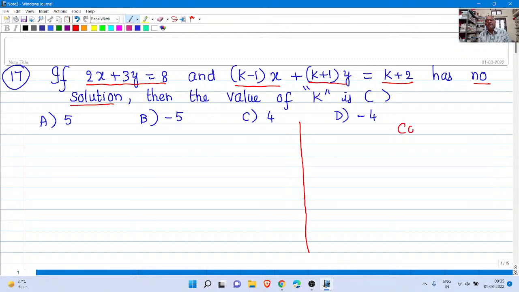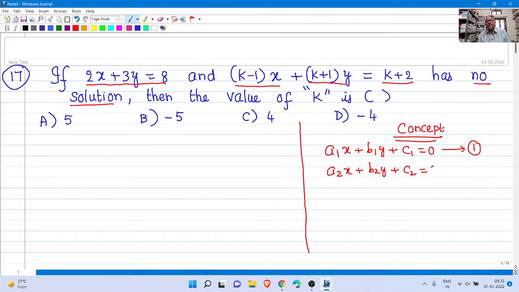All of you remember this concept. This concept is very, very important. So let us say a1x plus b1y plus c1 is equal to 0. This is the first linear equation. a2x plus b2y plus c2 is equal to 0.